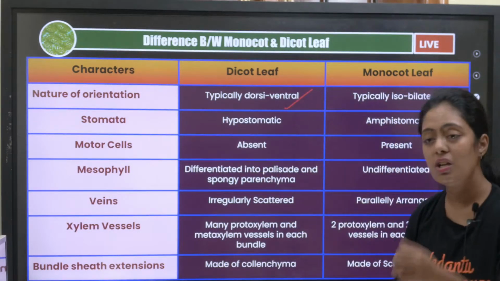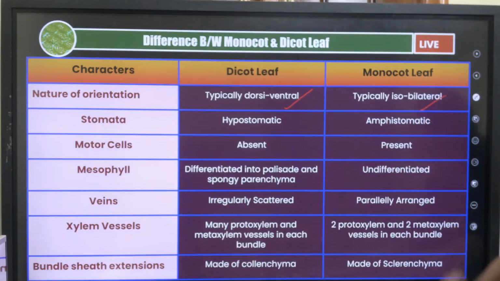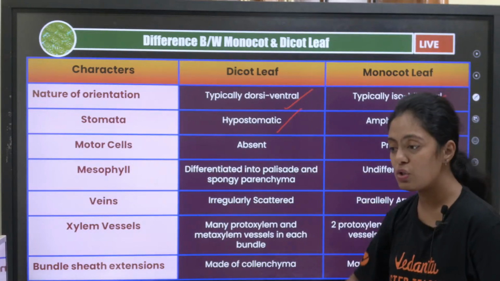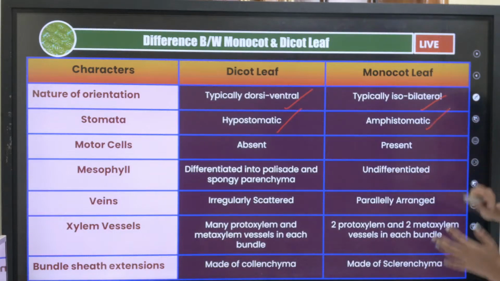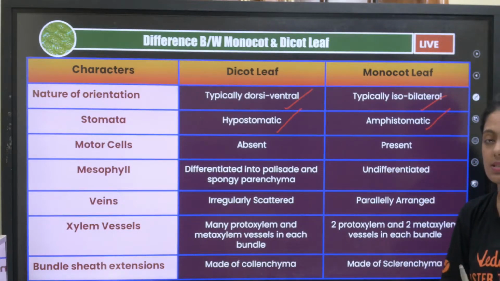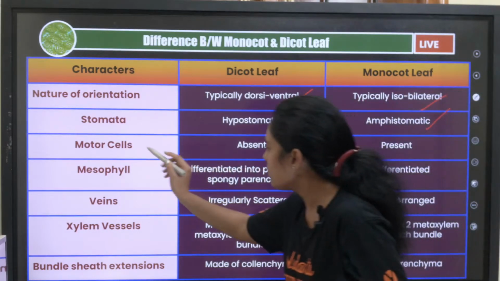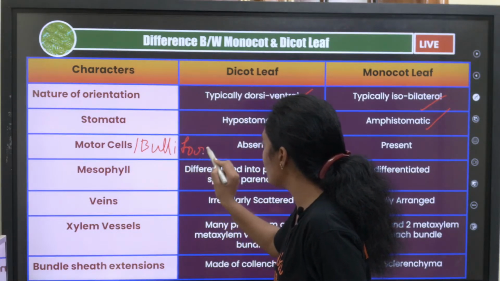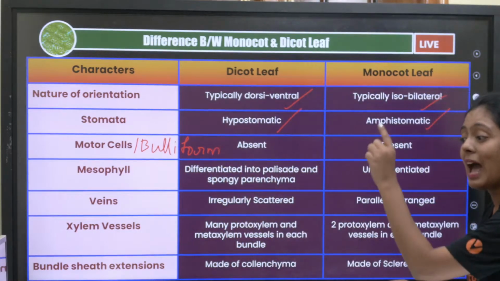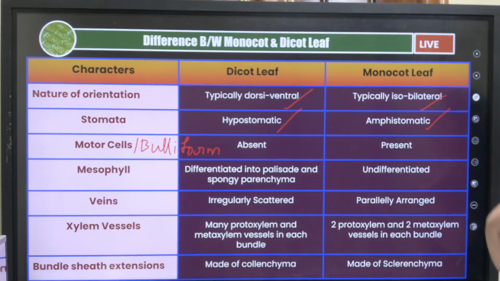Nature of orientation: dicot is dorsiventral, this is isobilateral. Stomata: hypostomatic, that means stomata are present on the lower surface. Here the stomata are present on both the upper and lower surface. What is this motor cell? The motor cell is nothing but the bulliform cells. The bulliform cells are absent in dicot, present in monocot.